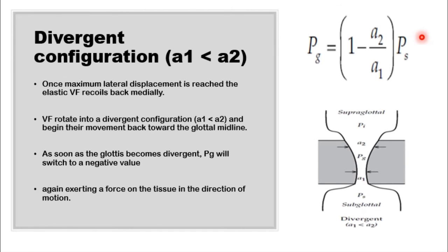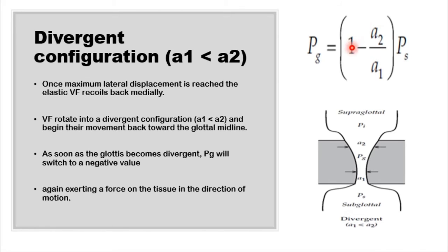And the exact opposite would happen during the closing phase of the vibratory cycle, because the configuration would now be divergent with the lower end leading the upper end. And because of this divergence, the area of the exit is larger than the area of the inlet, and this will produce a number here that is more than 1.